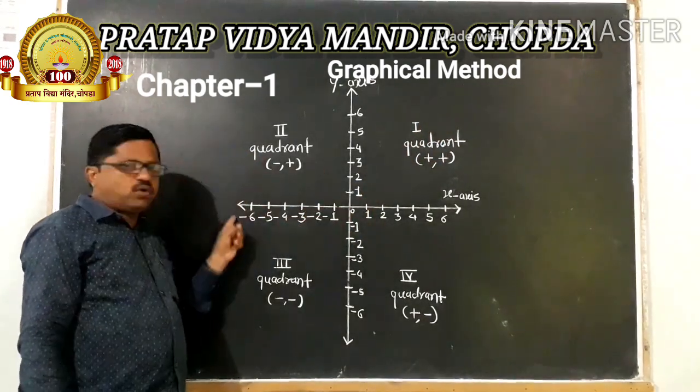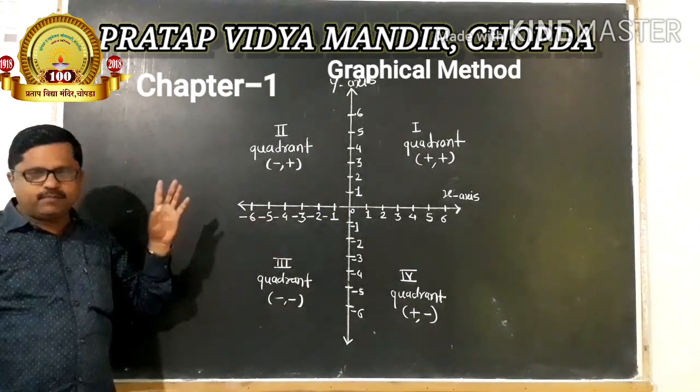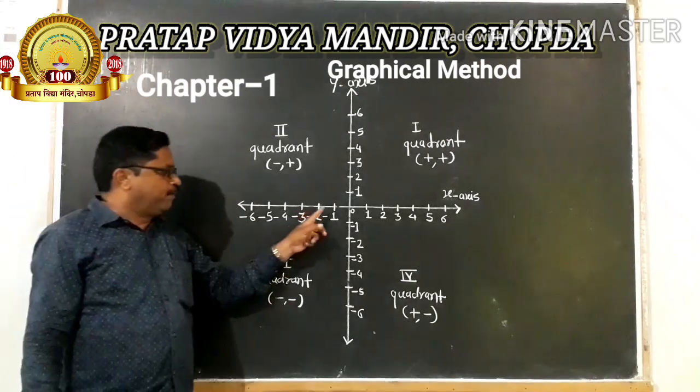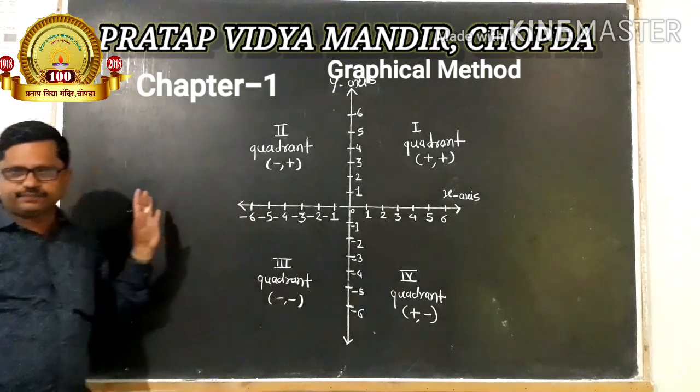On the left side of the origin, the numbers are negative: -1, -2, -3, -4, -5, -6 and so on.